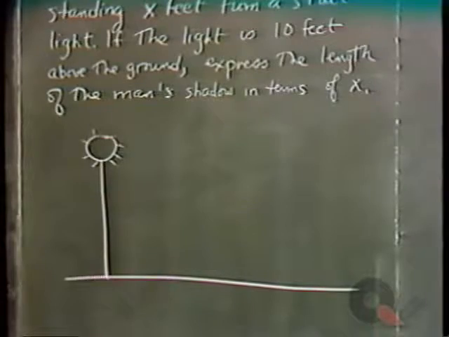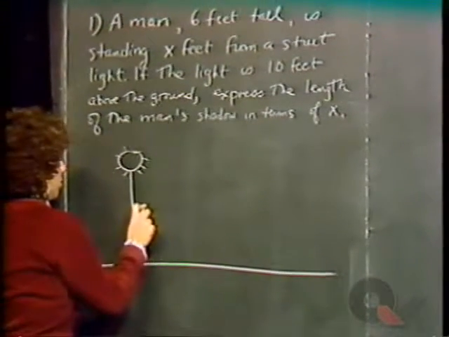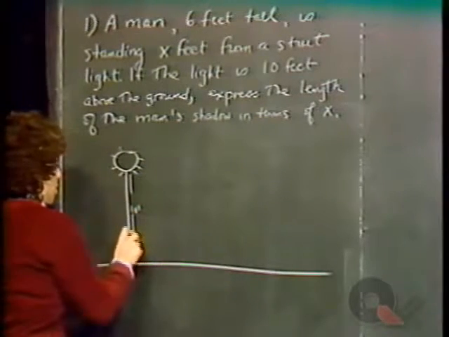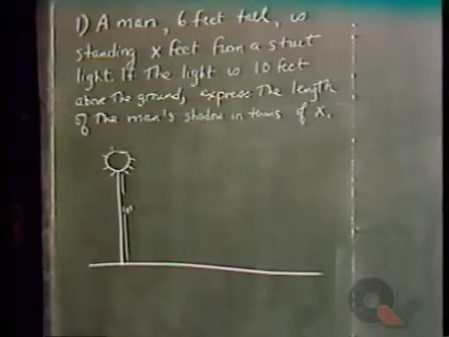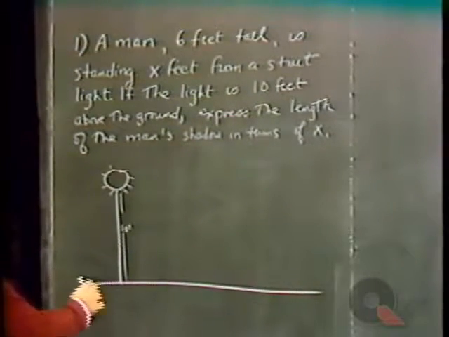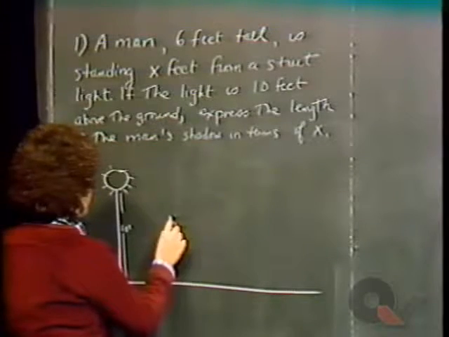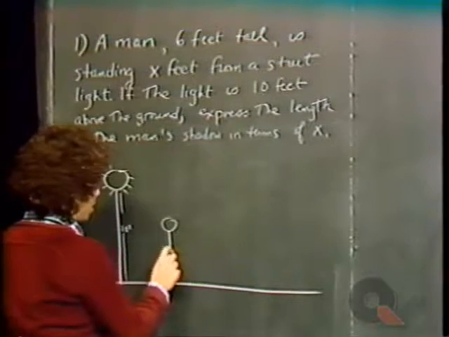And the light is 10 feet above the ground. And we have a man standing X feet from the street light, and he's 6 feet tall. Okay, let's say here's our man. He looks a lot like the street light.